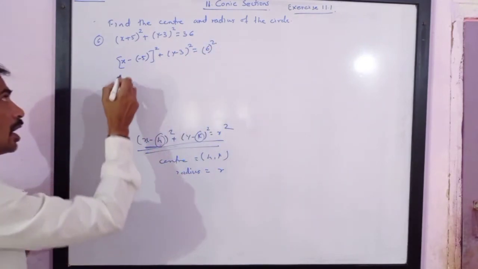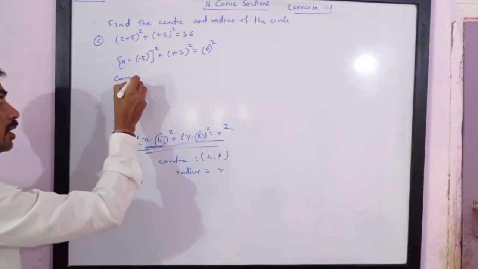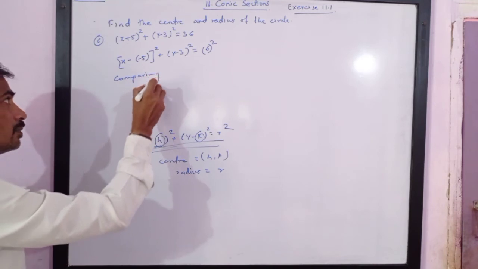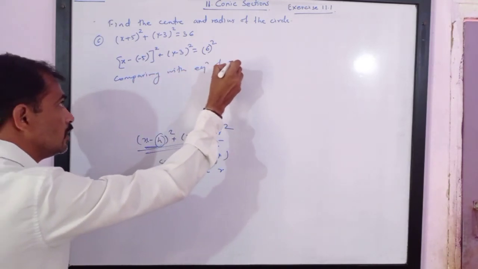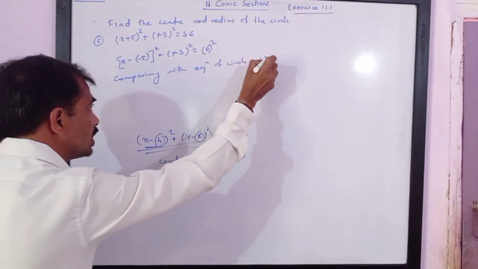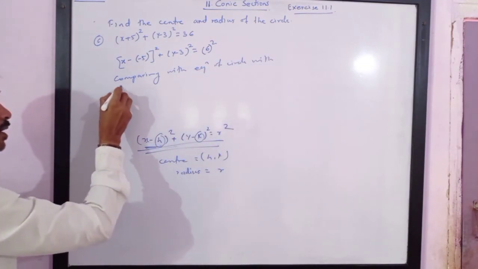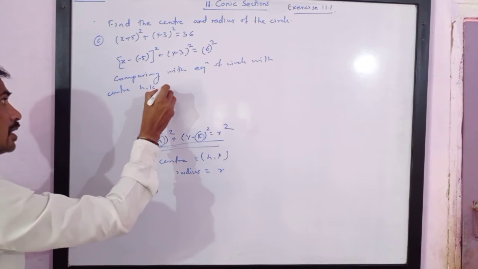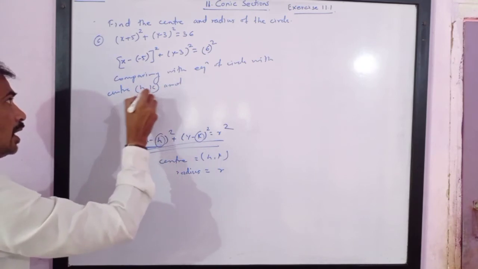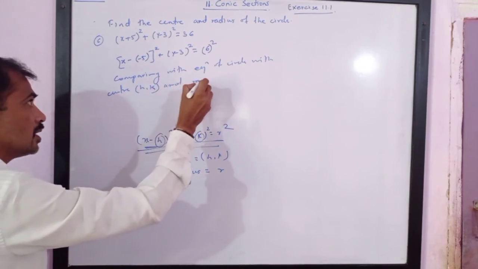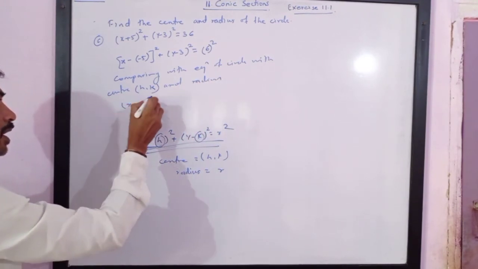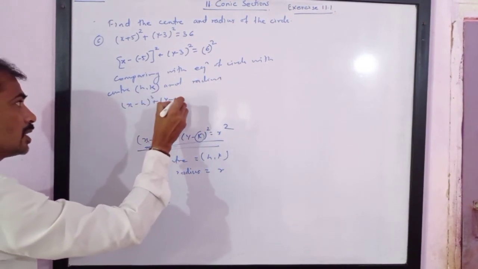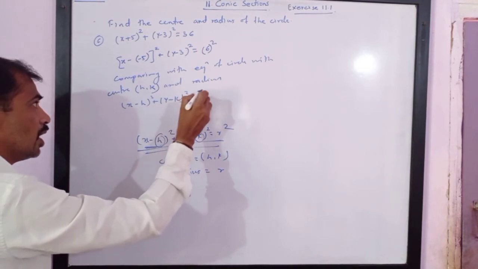So therefore, comparing with the equation of circle with center (h, k) and radius r, the equation of circle with center (h, k) is (x − h)² + (y − k)² = r².